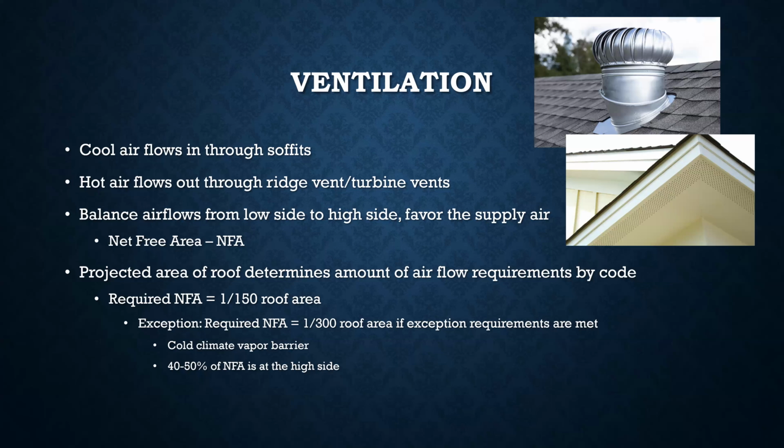The first one is if you're in a cold climate, you need a vapor barrier on the warm side of your ceiling assembly. What it's saying is that at 1/150, you need to move a lot of air, a lot of venting area. If you want to ventilate less, risking leaving the air in your attic longer, then what's the problem?